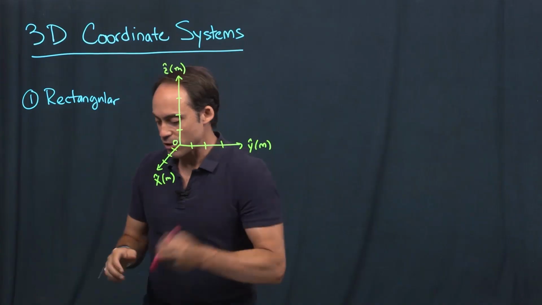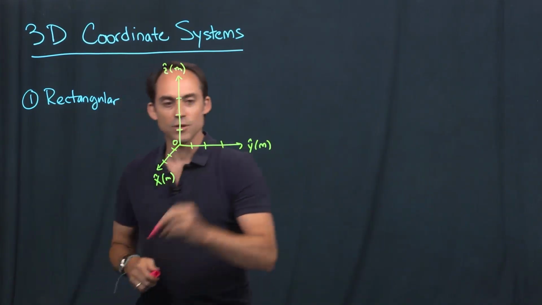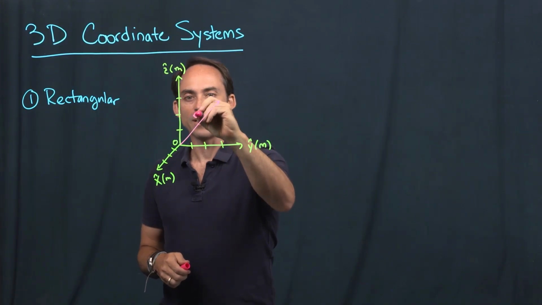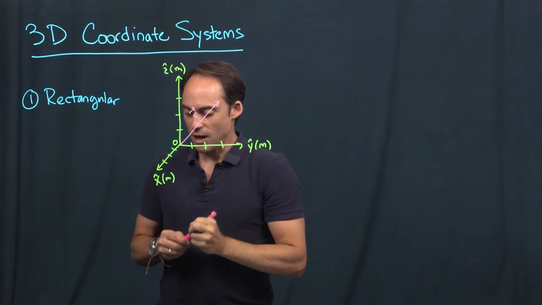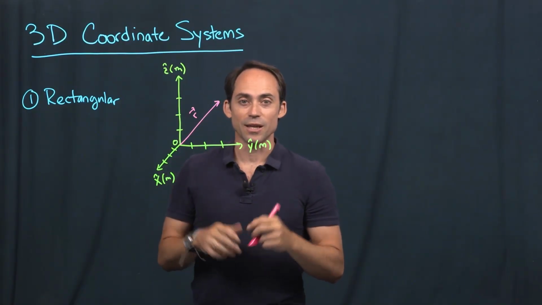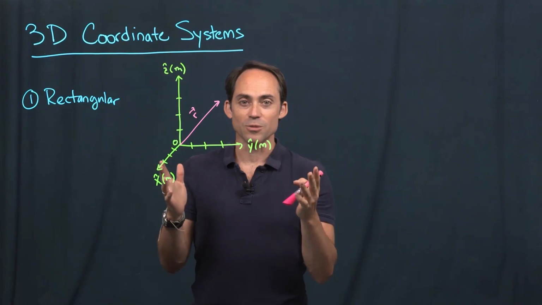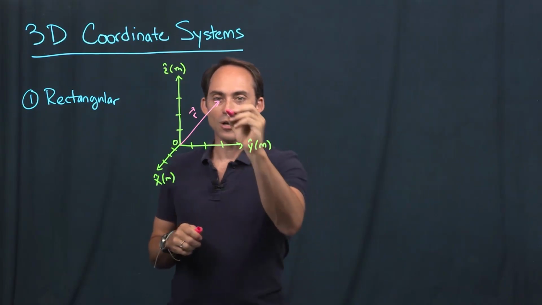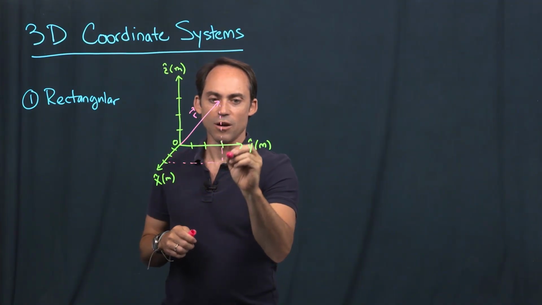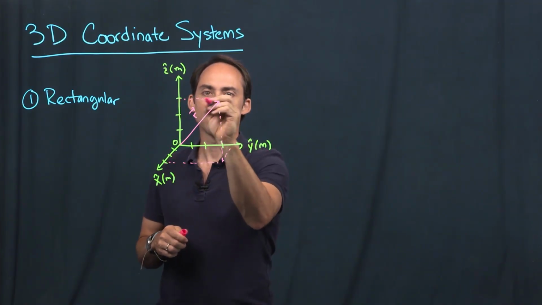Now, if we have a vector on this coordinate system, drawn from the origin up to some point in our three-dimensional coordinates, the vector is written down with the number of coordinates that are displayed, which is 3 dimensions. Those are just the projections of this vector along these axes.